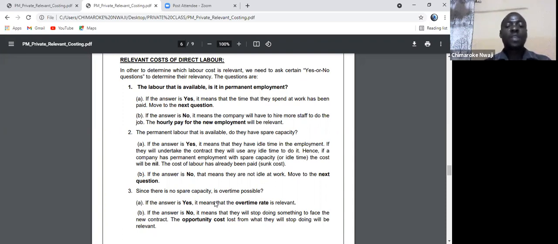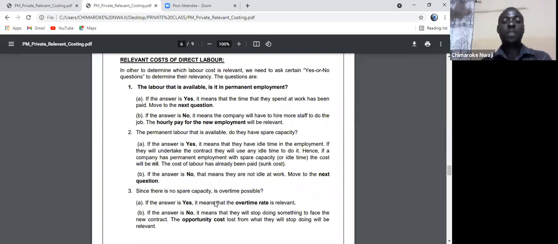You ask yourself, is it possible that they can do overtime? If it is possible, maybe instead of closing at 5 o'clock, they stay an extra 2 hours just to do this project. That extra hours, you're going to pay them. So the overtime rate is relevant.